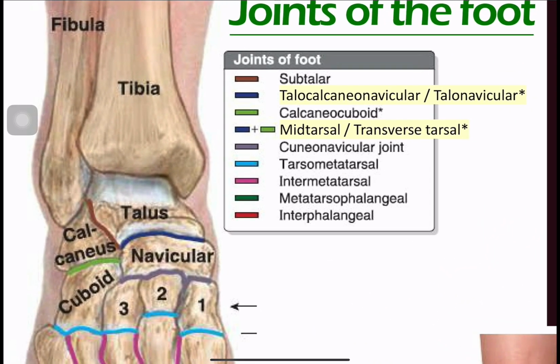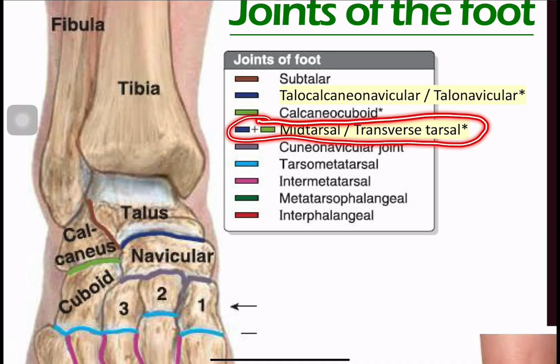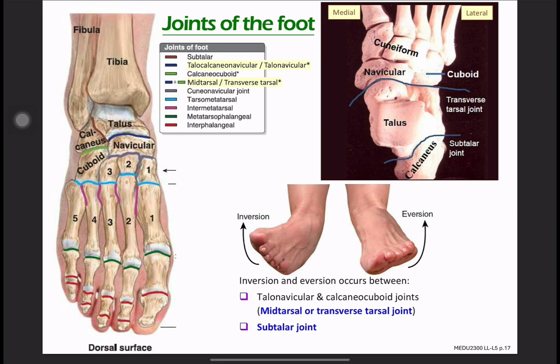Let me magnify. Okay, good magnification. So the transverse tarsal joint includes, first, here, the green one, the calcaneocuboid joint, together with the blue one here, the talocalcaneonavicular joint. These two add up together to form the mid-tarsal or transverse tarsal joint. Very complicated names, huh?